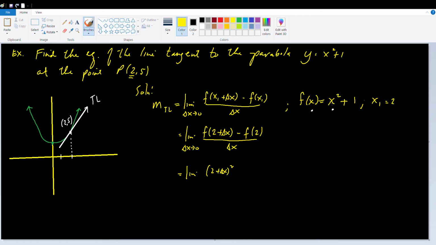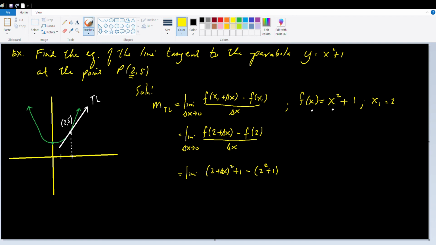Alright? Our f of x is x squared plus 1, and we will replace x by 2 plus delta x. So 2 plus delta x squared plus 1 minus f of 2. So we shall replace all x's in f of x by 2. That will be 2 squared plus 1.